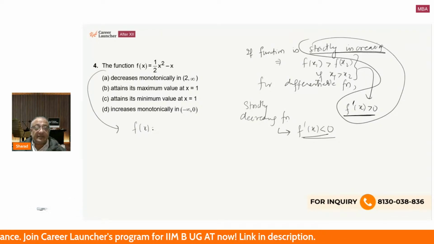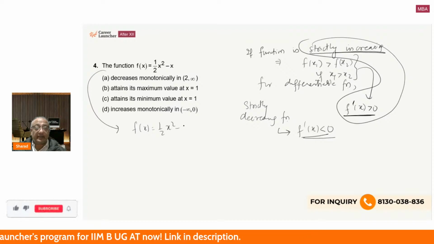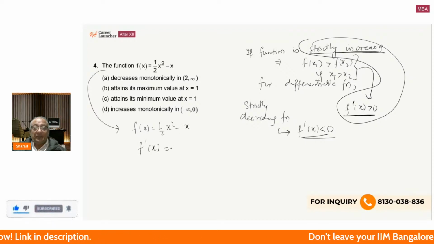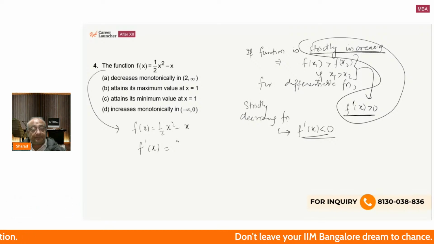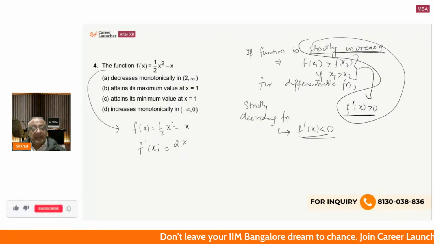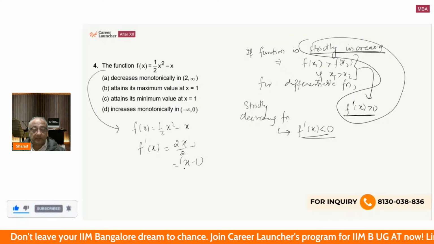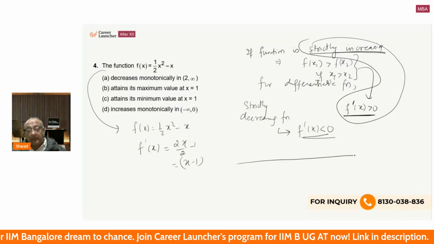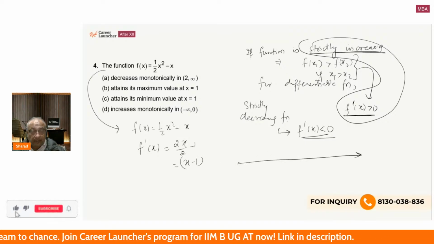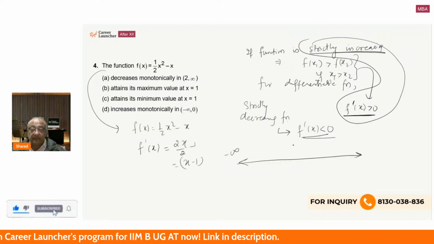If f of x is equal to half x square minus x, we can write f dash x is equal to 2x by 2 minus 1, which is nothing but x minus 1. So what we do, we will try to draw a number line over here. This is minus infinity and this is plus infinity.